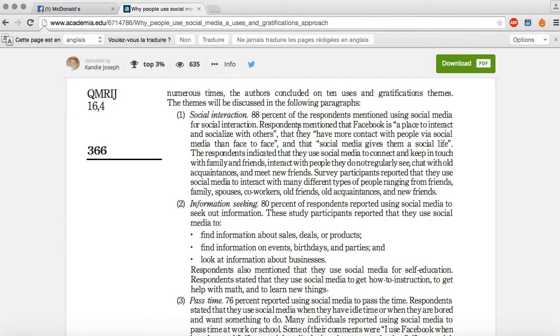I mean, it was mentioned by 88% of the respondents, and in the article it says that people say that Facebook is a place to interact and socialize with others, and people have more contact with people via social media than face to face. It's a way to interact with different types of people.